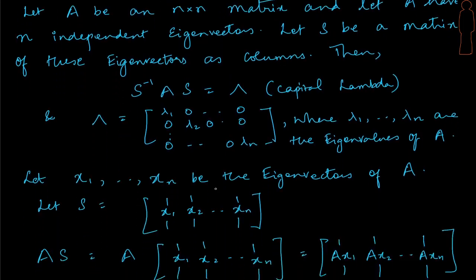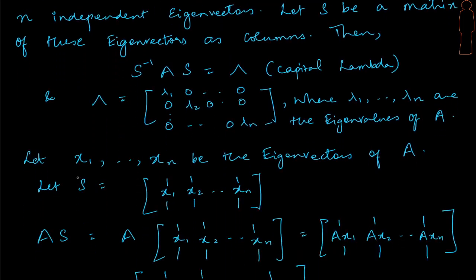So let's place into the matrix S all the eigenvectors x1 to xn, and let us look at A times the matrix S. Looking at the columns of the product matrix, by the column view of multiplication we can easily write the first column being Ax1, second column being Ax2, etc., till Axn.